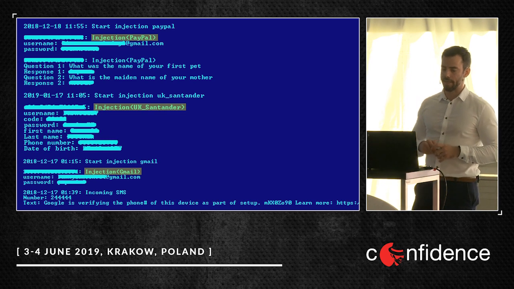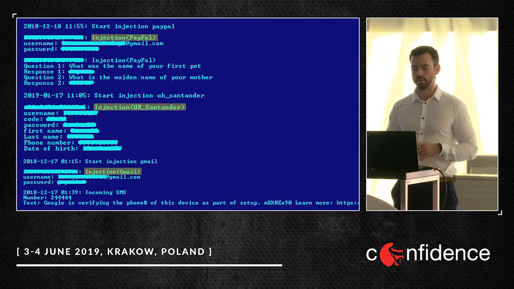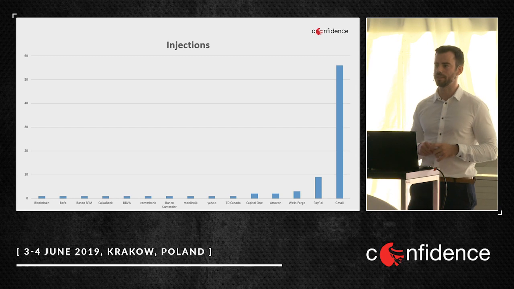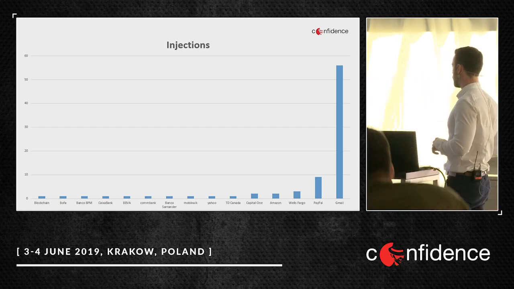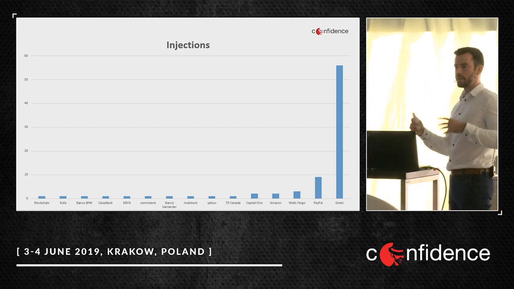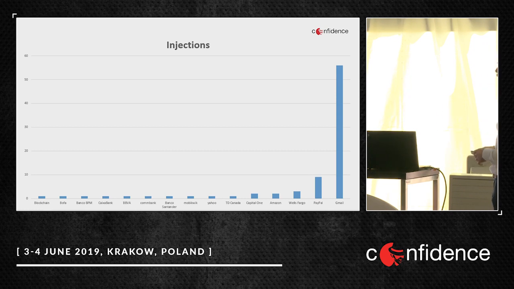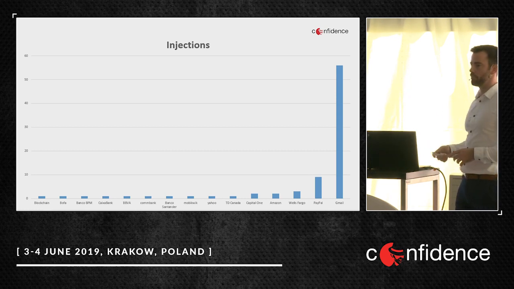I did some stats on that server, and almost 60 victims actually sent their Gmail accounts to Anubis, through fake screens that overlay legitimate applications, PayPal, and some banking applications.